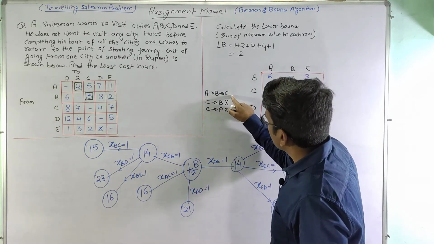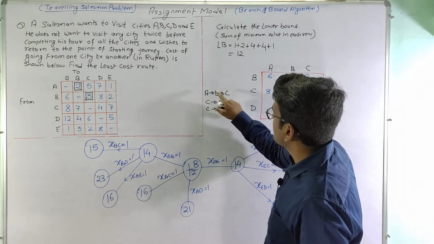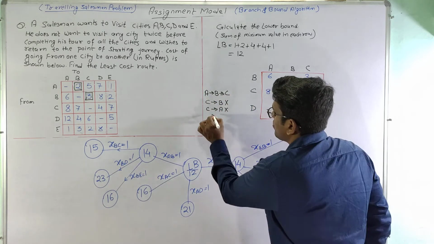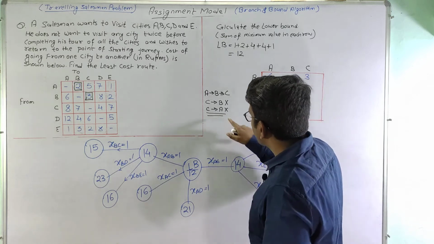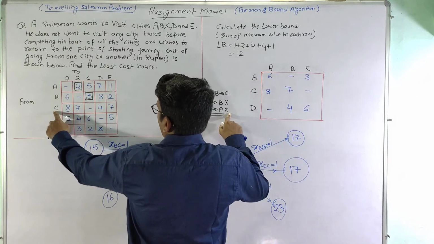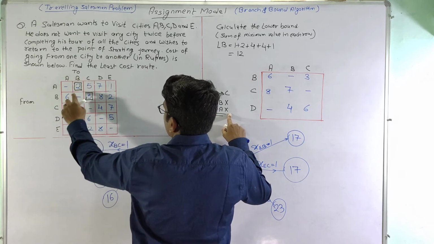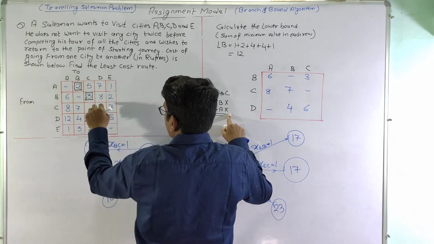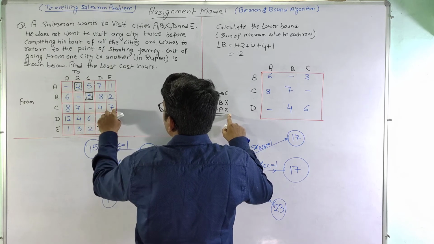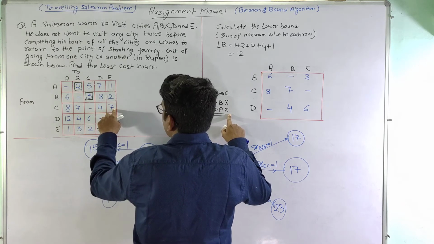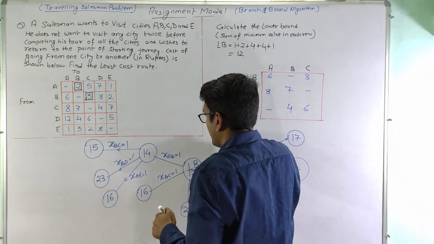So it cannot move from C to B or C to A. So these two are not possible. So we can see that it cannot go from C to A, it cannot go from C to B, it cannot go from C to C. It can either go from C to D or C to E.